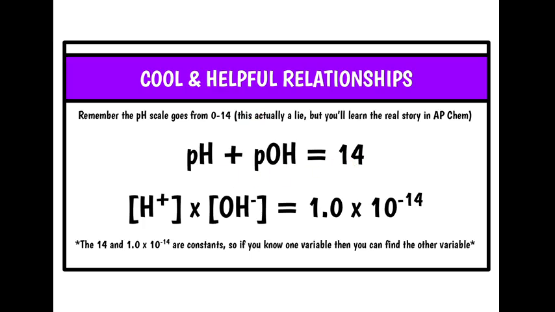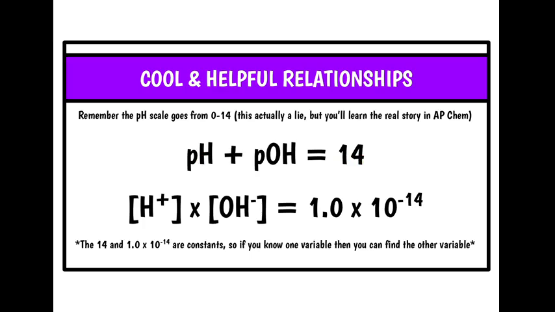Something else that's really a cool relationship is anytime you take your hydrogen ion concentration, multiply it by your hydroxide ion concentration, it's going to come out with a constant value, remember constants stay the same, of 1.0 times 10 to the -14th. So what do these help you with? Well, if you know the pOH and you need to find the pH, you just have to do some subtraction.